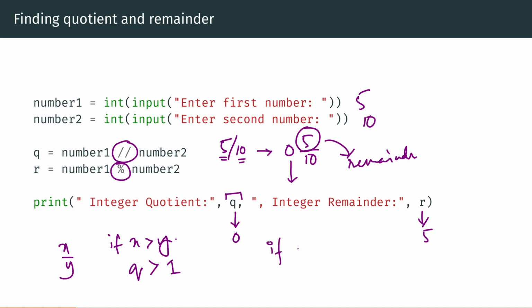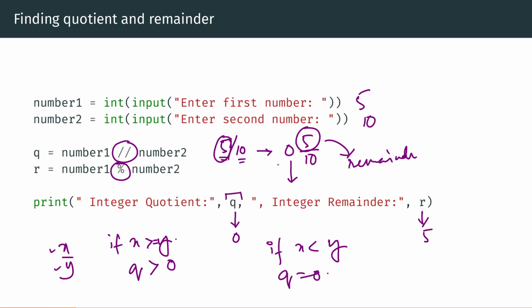And if x is smaller than y, then the quotient is equal to 0. In this case the numerator is smaller than the denominator, and that's why the quotient is 0.